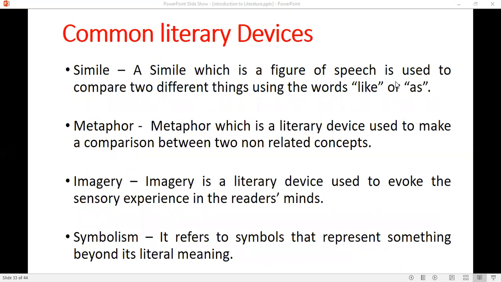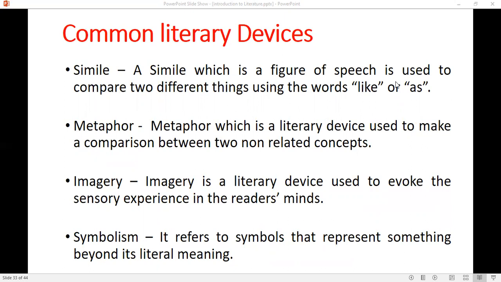Common literary devices. We are going to study the meaning of common literary devices which I have selected for this lesson. Simile, which is a figure of speech used to compare two different things using the words like or as.